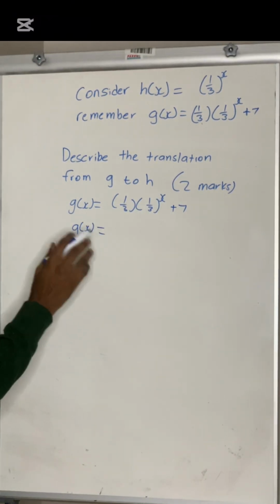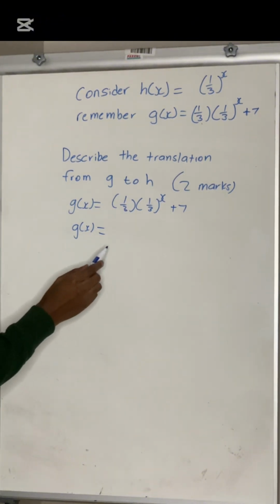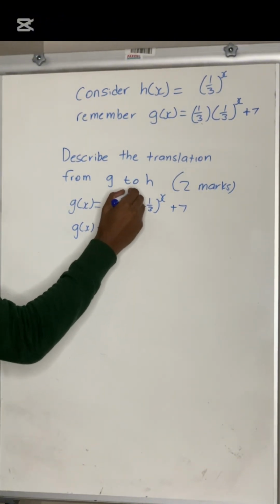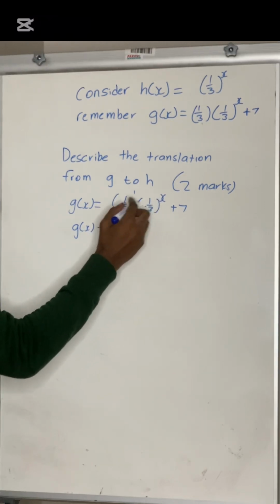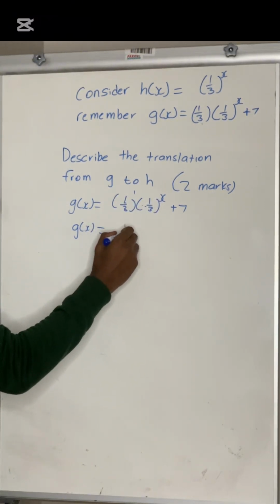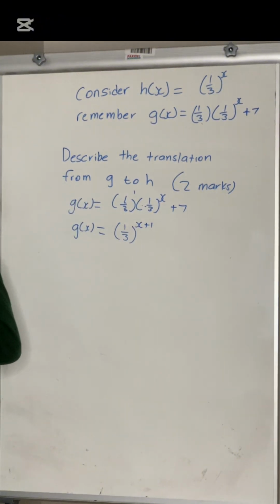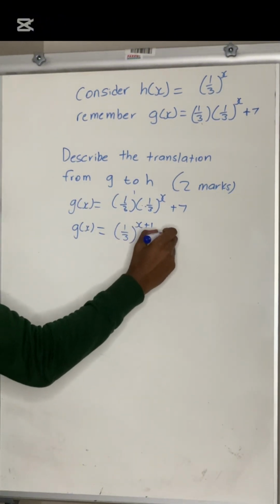In order to make things simpler, let's just add these two exponents. This is raised to the exponent of 1, this is raised to the exponent of x. So it's (1/3)^(x+1), and then plus 7.